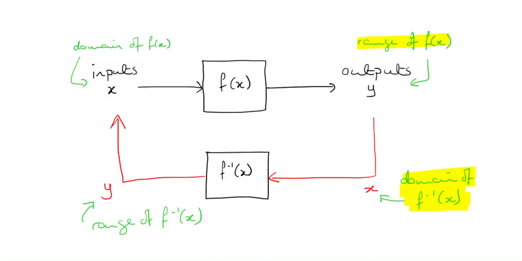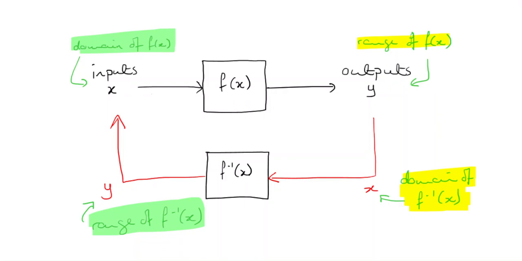And if that's the case, it means that the range of the inverse function, the set of all output values for the inverse function, must be the same as the domain of the original function, because the outputs of the inverse function should be the same as your inputs to the original function. So what I'm trying to tell you is that the things in yellow should be the same and the things in green should be the same, right?